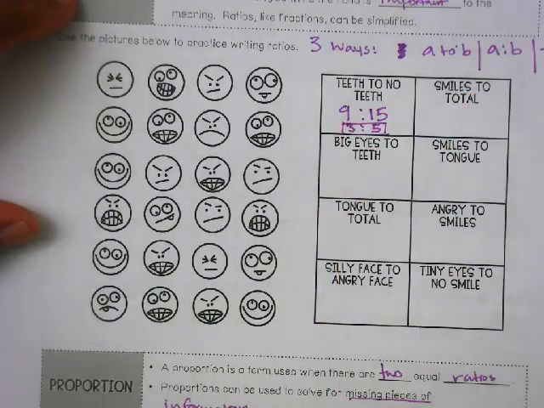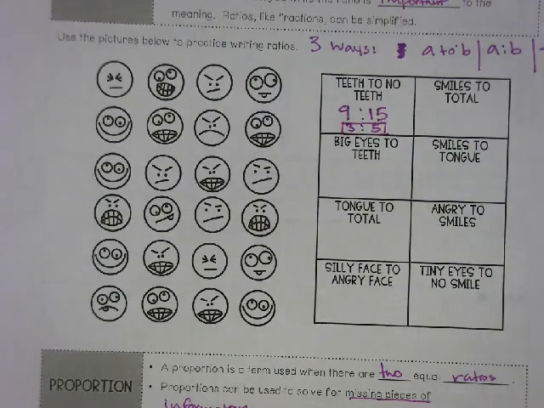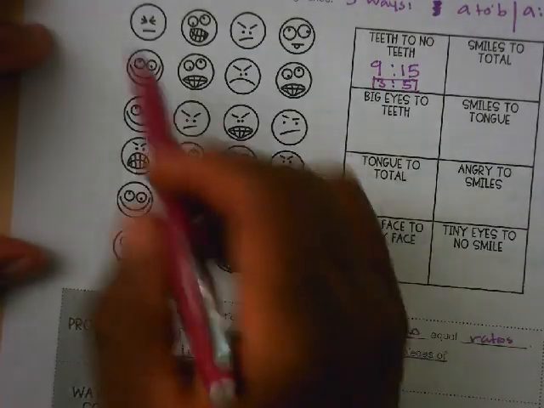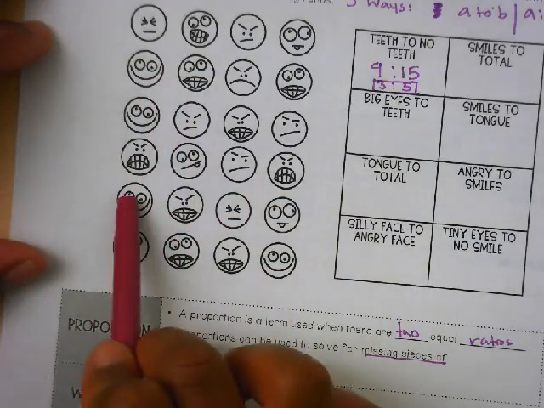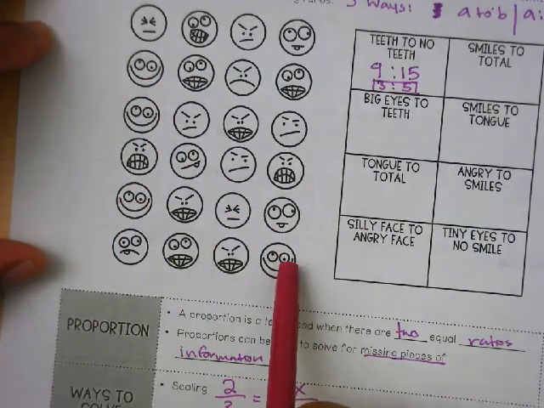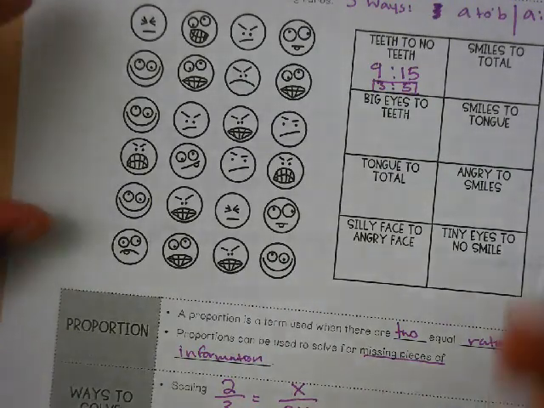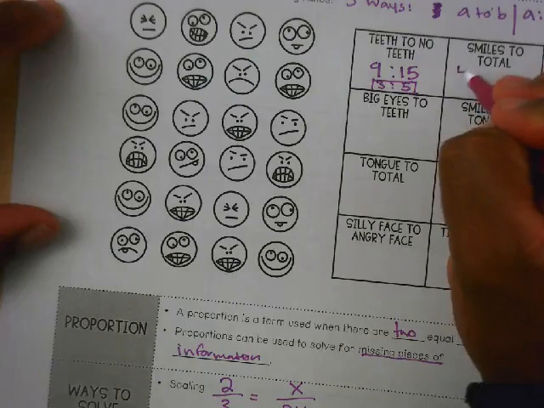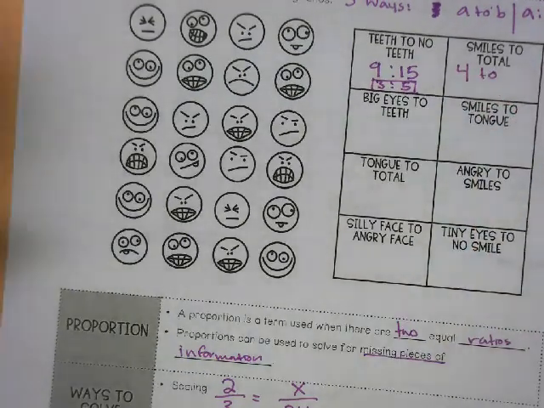Does that make sense? Okay, the next one is the number of smiles to the total. So we have 1, 2, 3, 4 smiles. 4 smiles to the total.